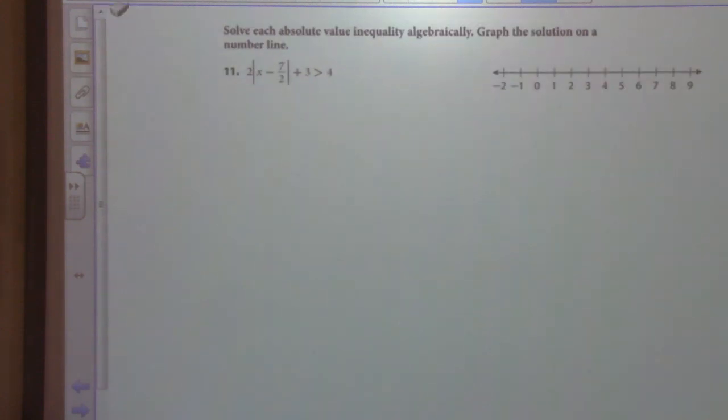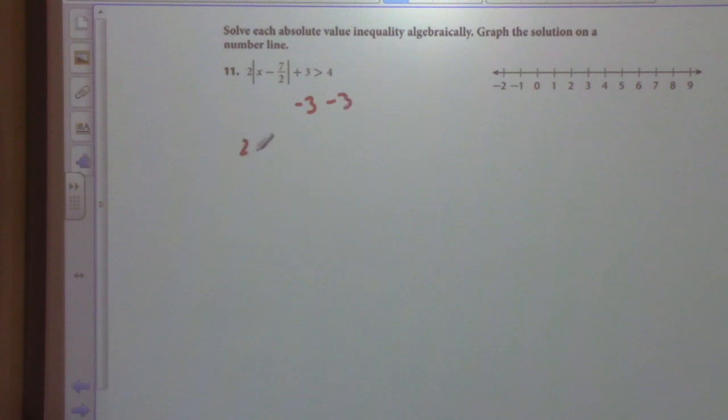Let's go to number 11. And now it says solve algebraically. What we're trying to do is get this absolute value bracket isolated. We're solving for the absolute value bracket, and then we're going to use our more-is-or, less-is-nest deal, right? So here, the first thing we do is subtract 3.